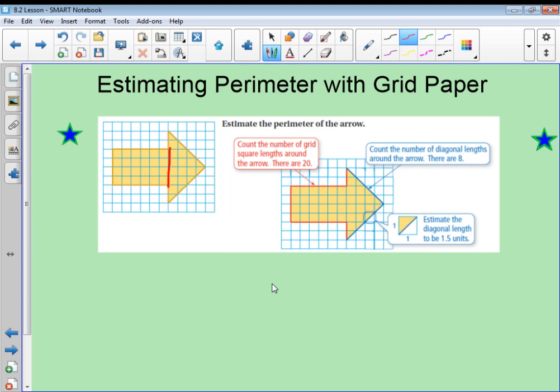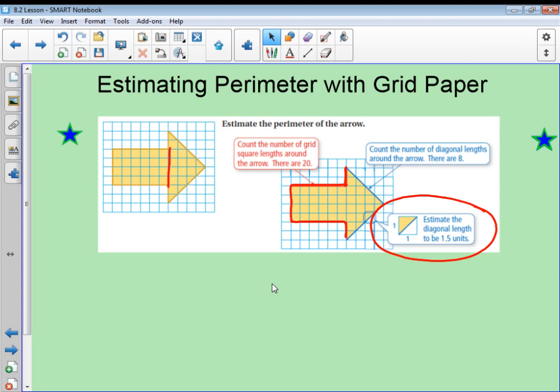The other piece of information that you need to understand is that when you have a diagonal, we are going to estimate the diagonal length to be about 1.5 units, because a diagonal is a longer distance than one of our side edges. So we're going to go ahead and count. You'll notice that they already pre-counted that this part right here was 20. Then when they did the diagonals, they counted those separately.